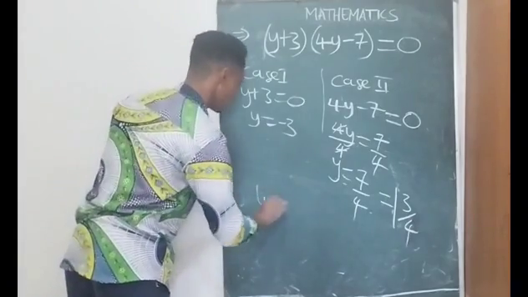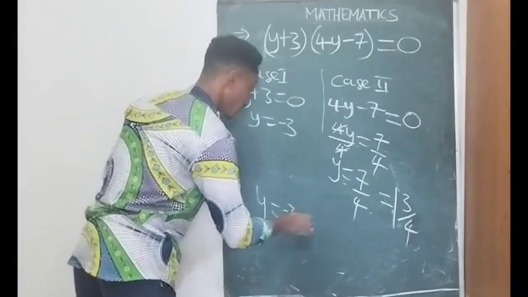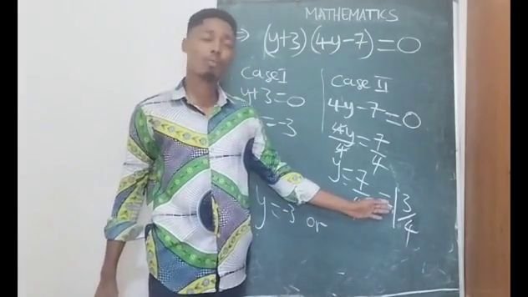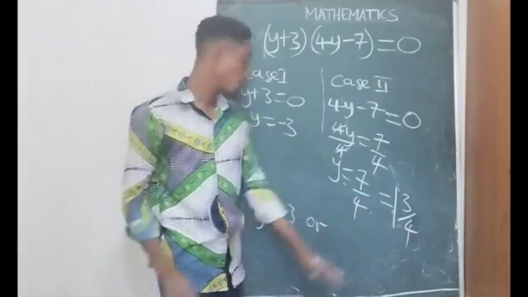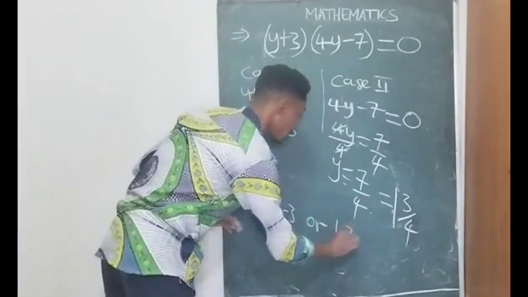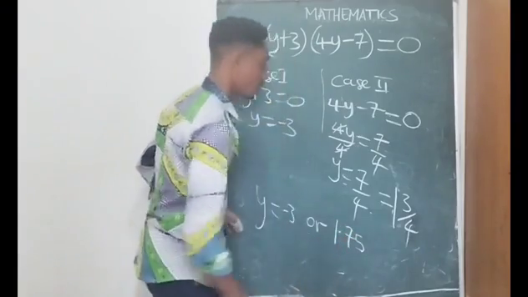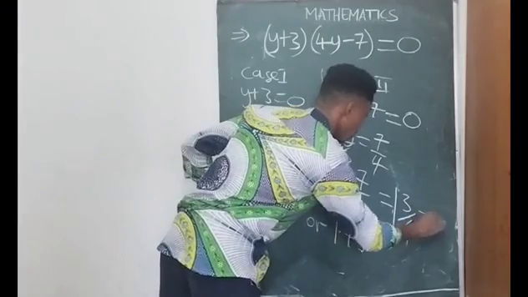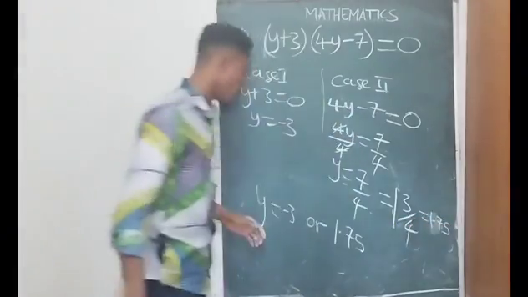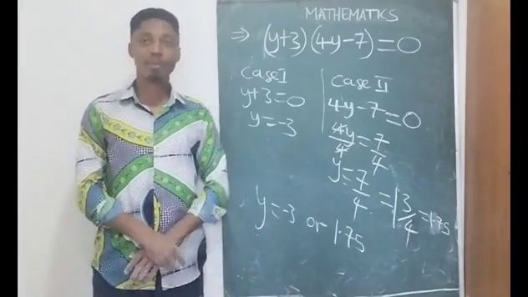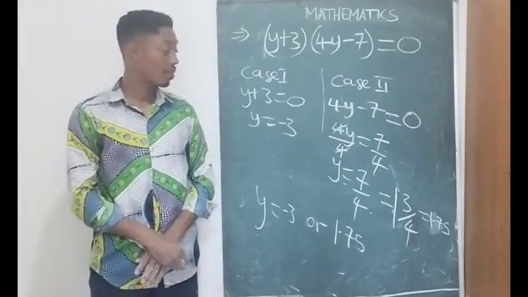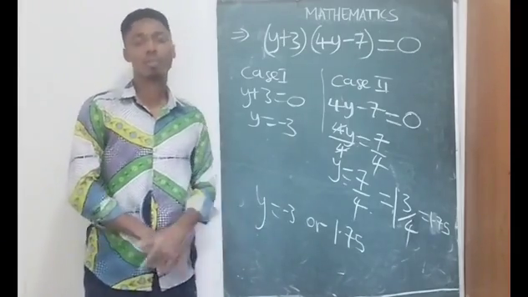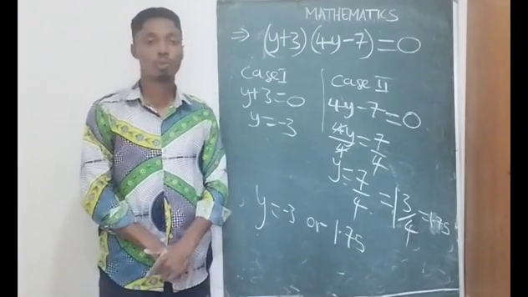So y is equal to minus 3, or y is equal to 1 and 3 over 4, which is 1.75. So you can agree with me that using the factorization method, we have arrived at the two values for the variable.